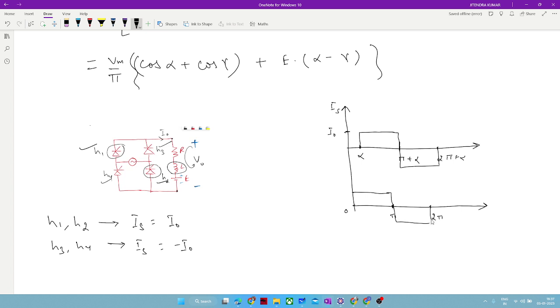Even you could derive this, but since you are dealing in power electronics, at least you should know the Fourier series of this kind of square waveform. It's just 4 I naught by n pi, nothing else.